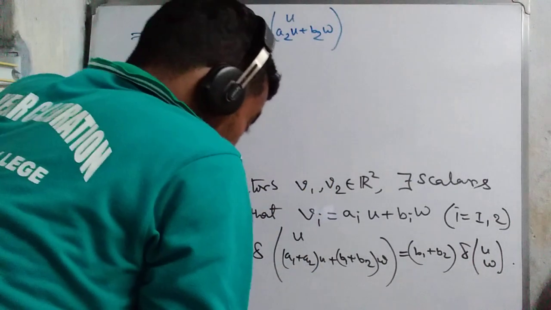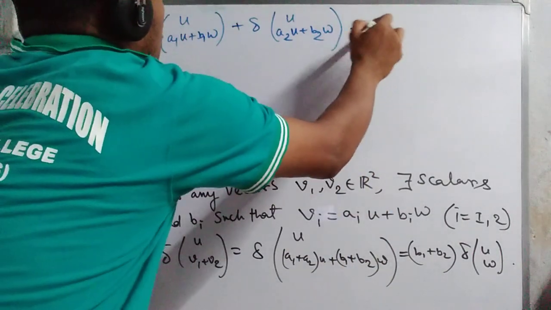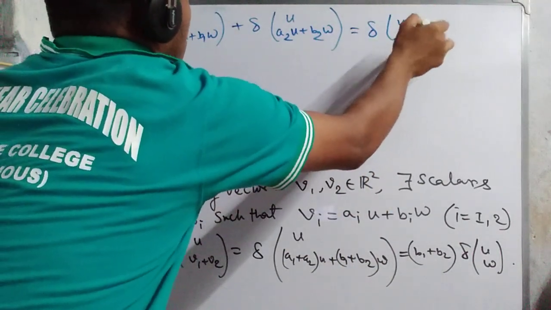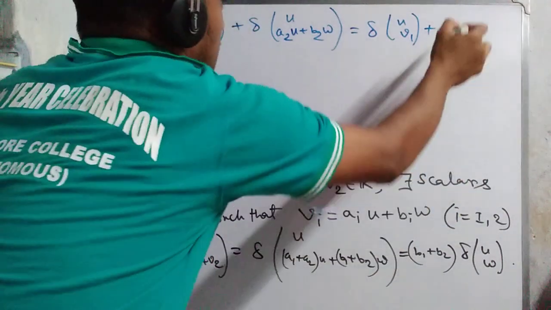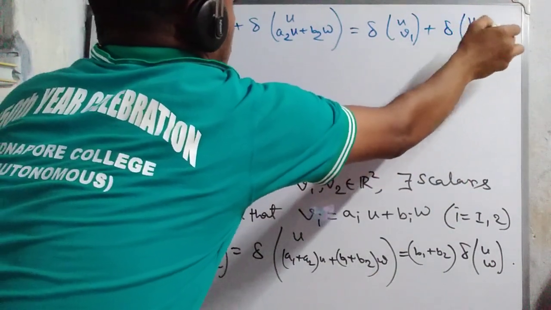Then this one equals delta u v1 plus delta u v2.